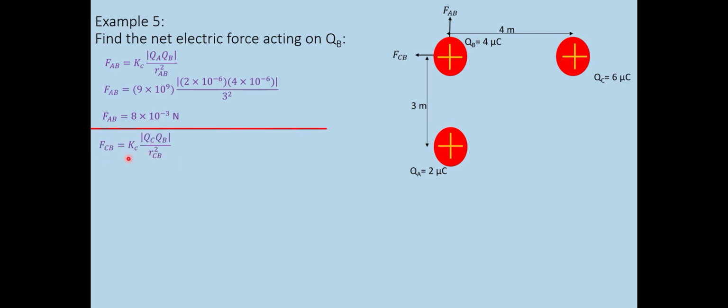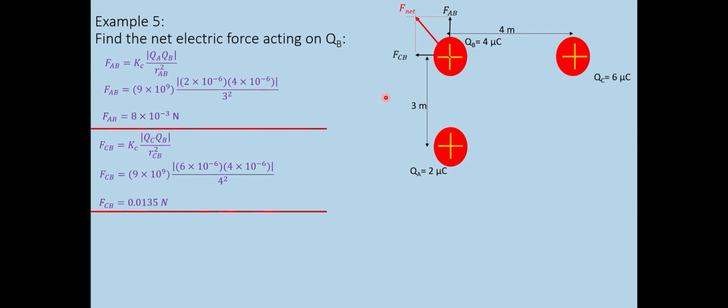We calculate FCB, we replace the values of the givens. And then we draw the lines parallel to the y-axis, parallel to the x-axis, and Fnet. To find it, we use Fnet equals square root of FAB squared plus FCB squared. We find the magnitude of Fnet.